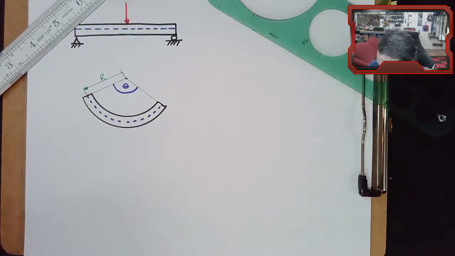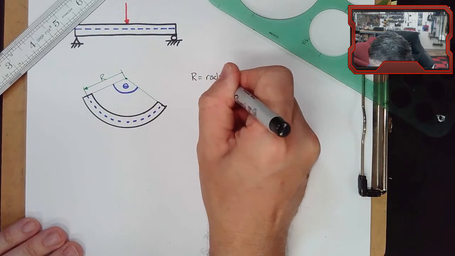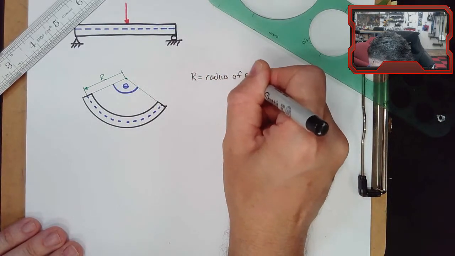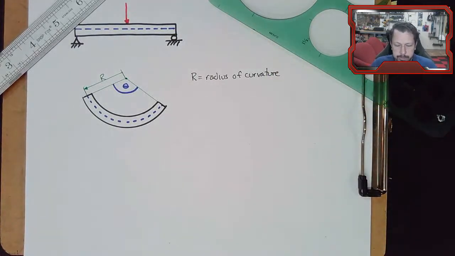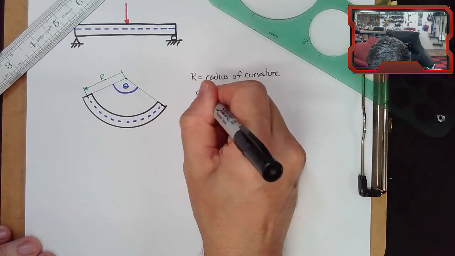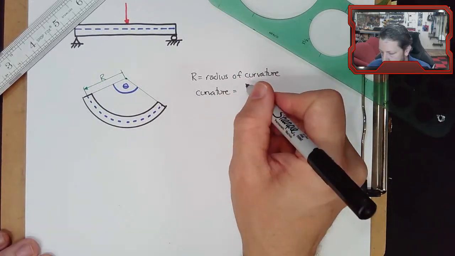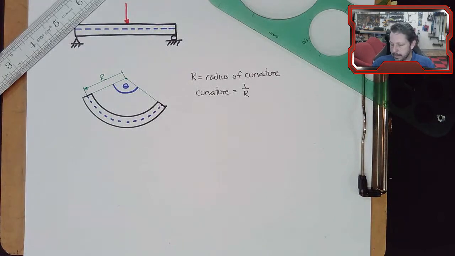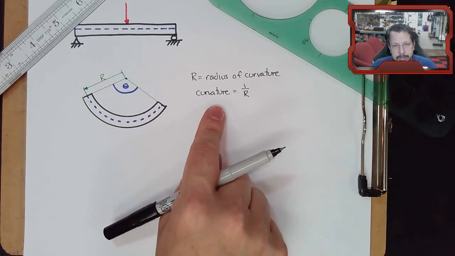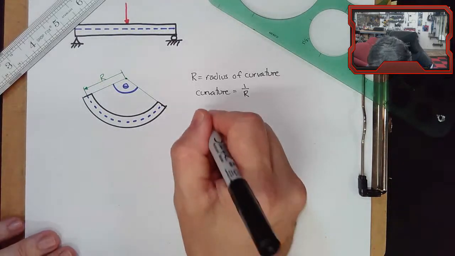Let's write that in black, not green. Now there is a corresponding thing called just curvature, and it equals 1 over the radius of curvature. The reason I point this out is because there is a mathematical definition for curvature. And that definition is this.